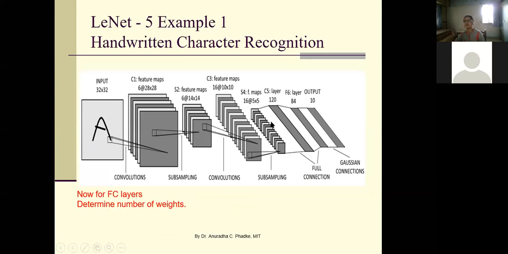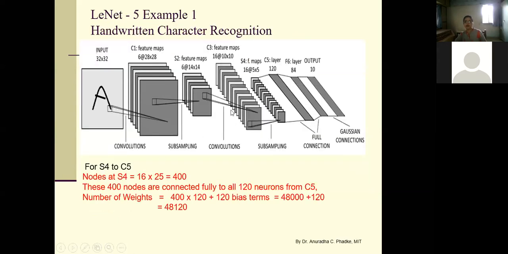Now this layer is flattened, meaning we convert this multidimensional data to one-dimensional nodes, single neurons. So the total number of neurons after the flattening operation is given by 16 into 5 into 5. So after node S4, after the flattening operation, there will be a total of 400 nodes.